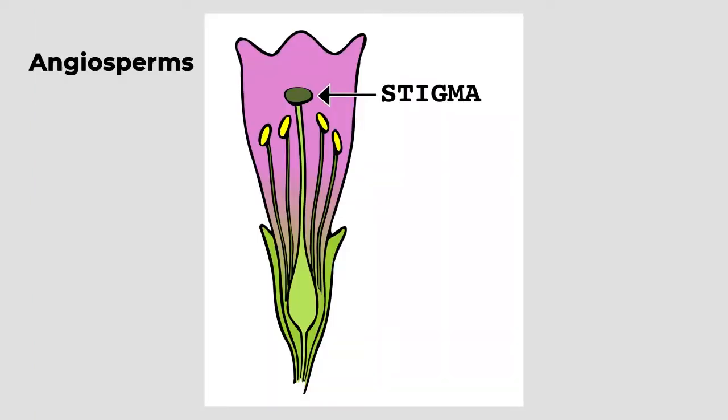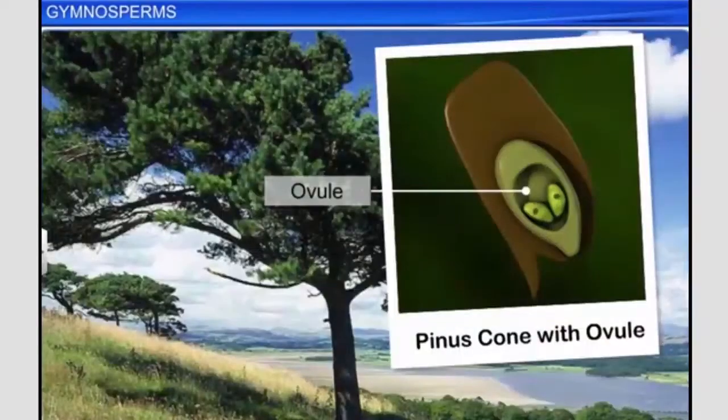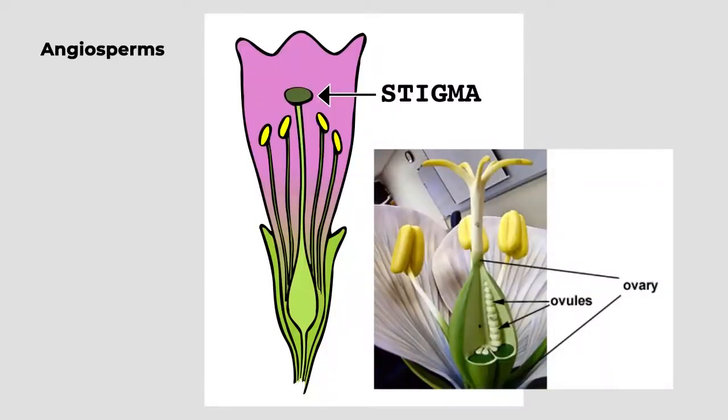Whereas in angiosperms, it is indirect because pollens are deposited on the stigma of the pistil, not directly on ovules. In angiosperms, ovules are present inside the ovary.